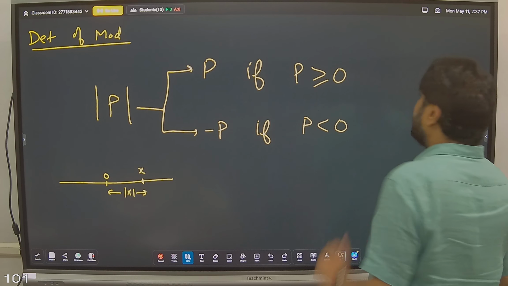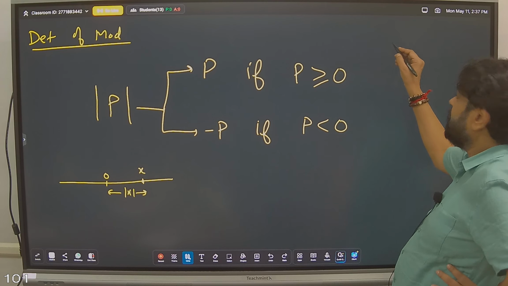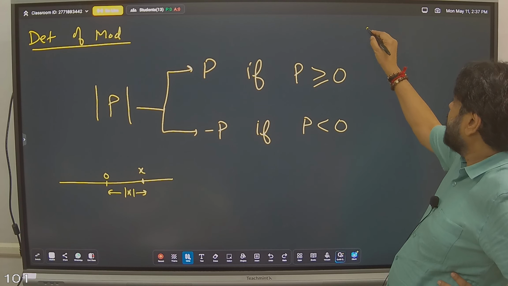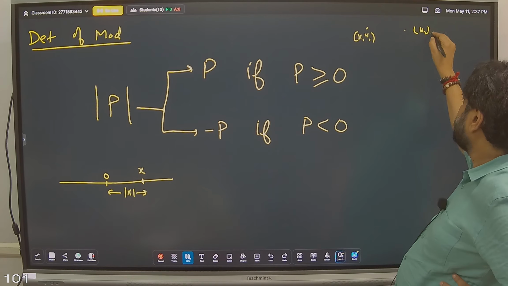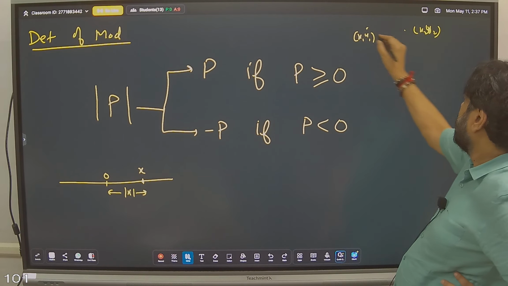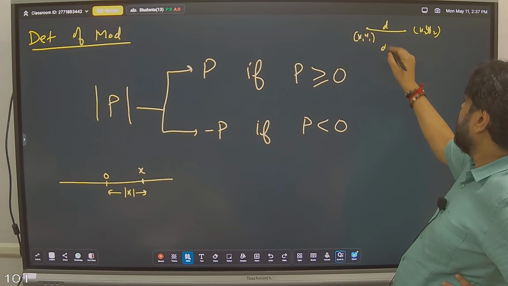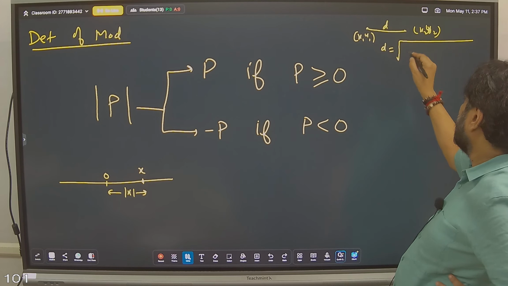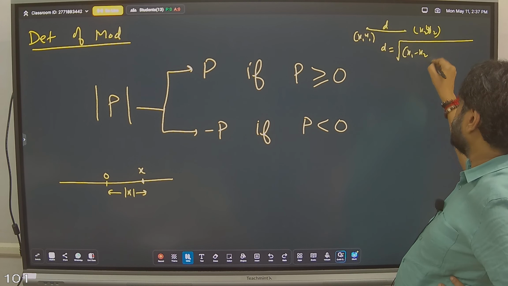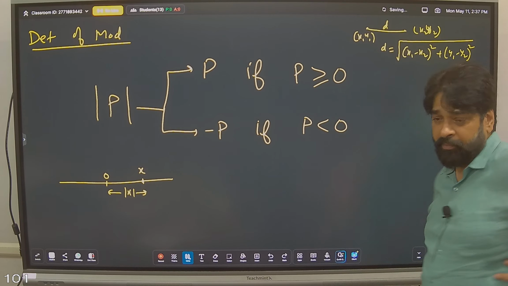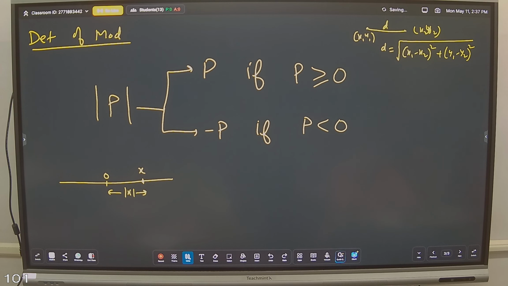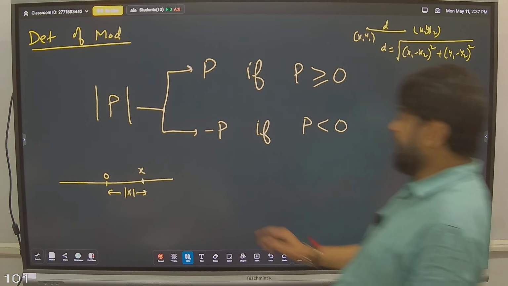All of you studied the distance formula in coordinate geometry. If there are 2 points x1, y1 and x2, y2, then d will be equal to root of x1 minus x2 whole square plus y1 minus y2 whole square. All of you have seen this formula? Now, actually this length is the mod x.